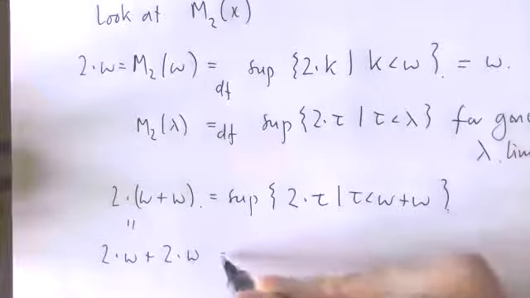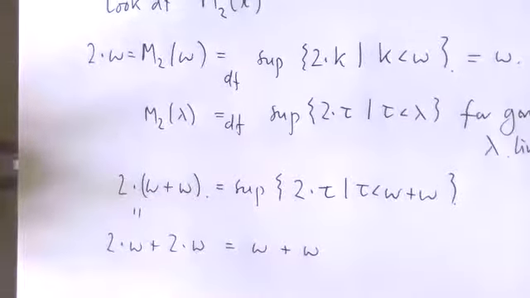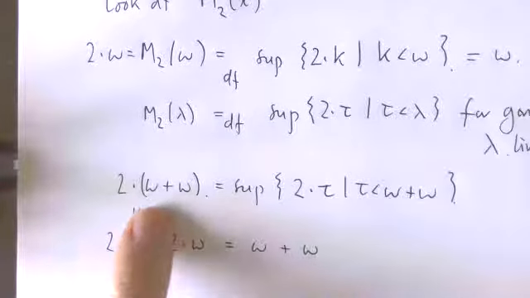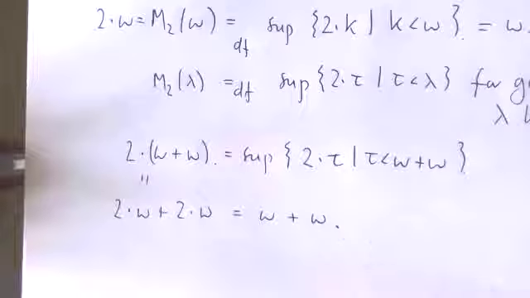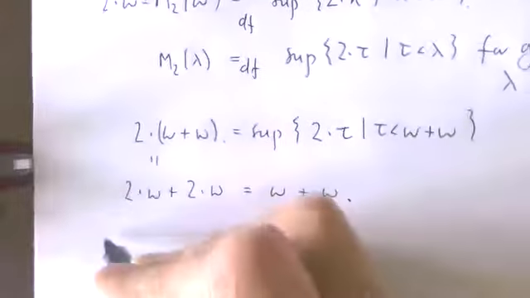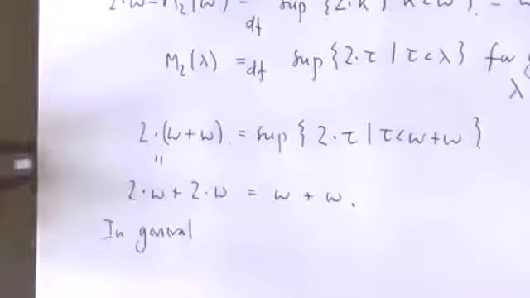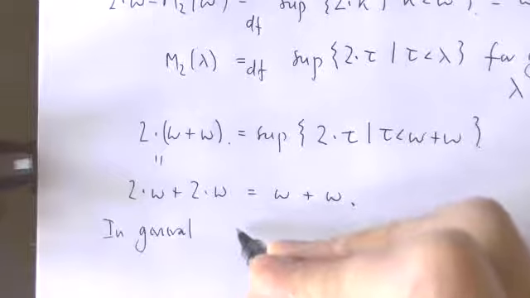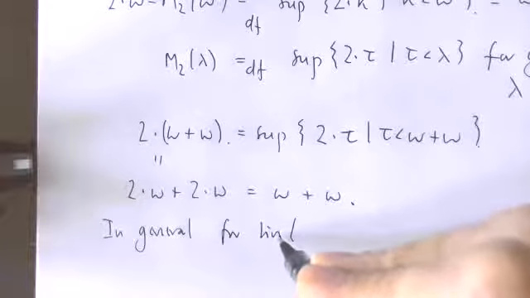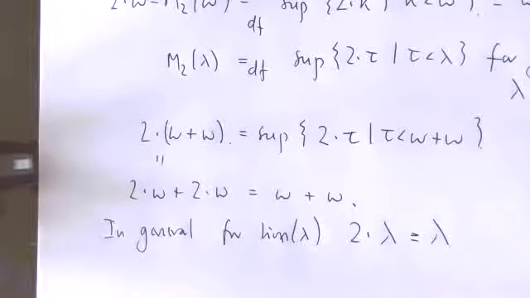We've already seen that this is just omega plus omega by the above. So indeed, 2 times omega plus omega is omega plus omega. In general, for lambda limit, 2 times lambda will be lambda.